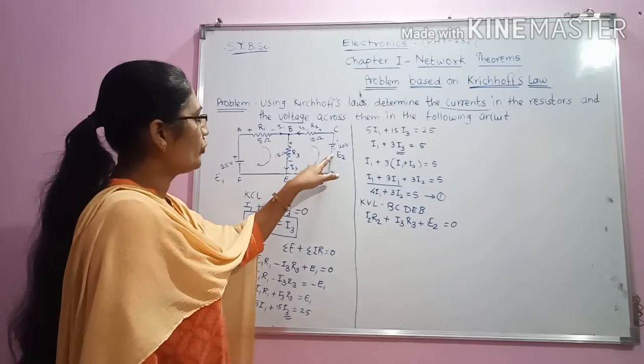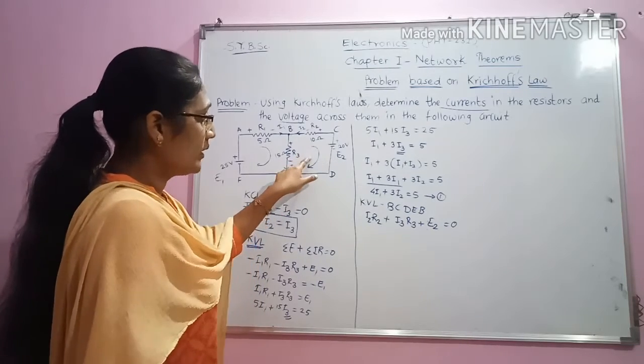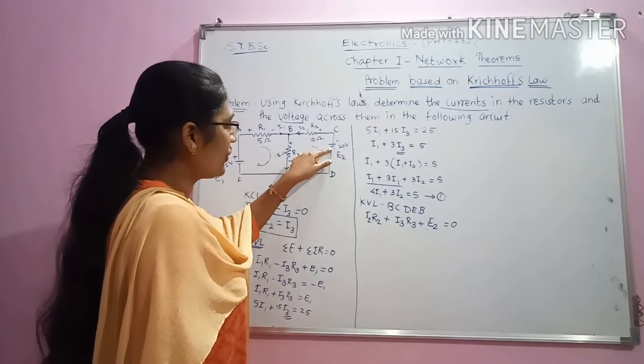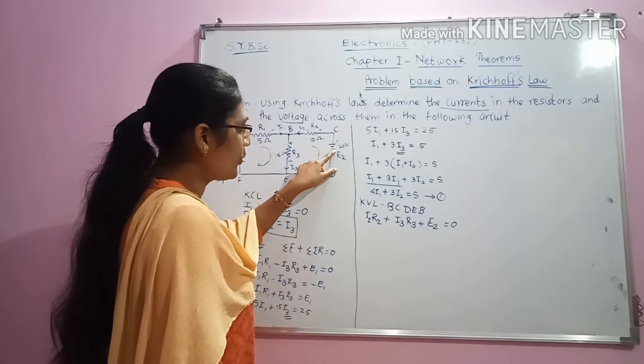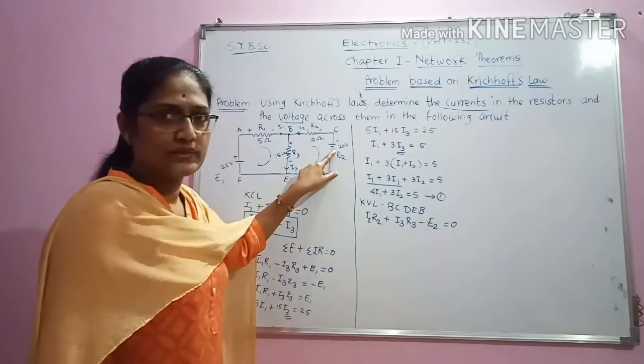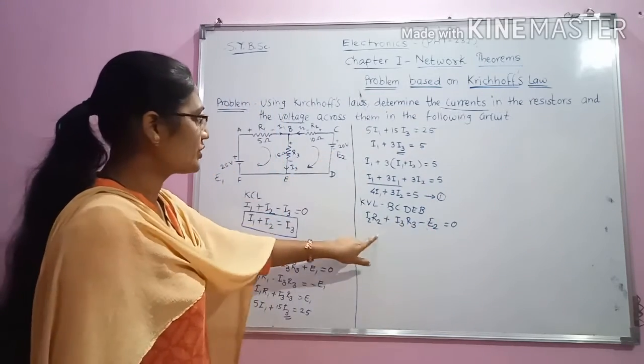While tracing the loop, we are moving from positive to negative potential. Therefore, the E2 value will have a negative sign. There is one connection.